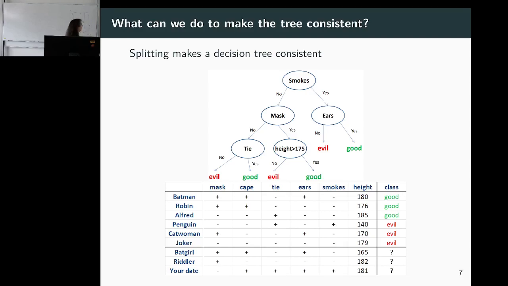Then we can separate Alfred, because Alfred wears a tie, and everybody else who falls in this branch doesn't. So with a tie, we separate Alfred from all other persons, and this tree is consistent. Every time we notice our tree is not consistent, that means it classifies something wrong from our training data, we can keep on splitting. Okay?